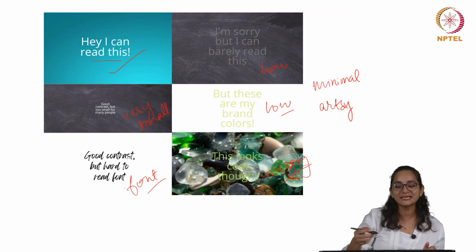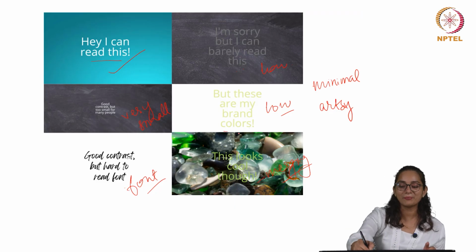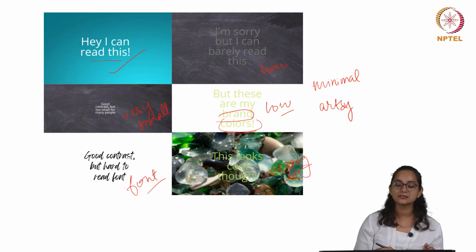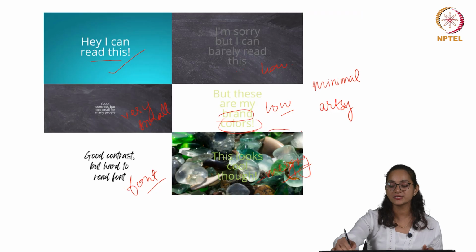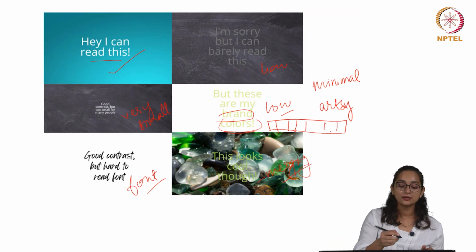Many times people say, but these are my brand colors. It's not visible here clearly, but these are my brand colors. That is why I think it is important to understand that you should always work with a palette of dark to light colors in any web design or digital design.